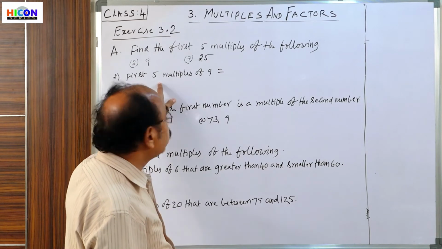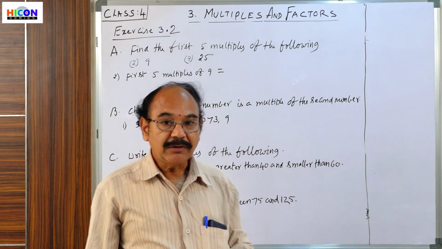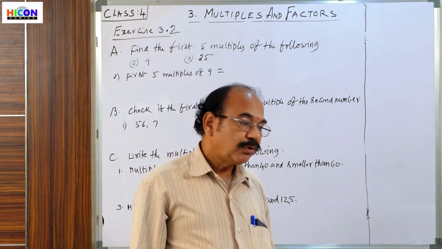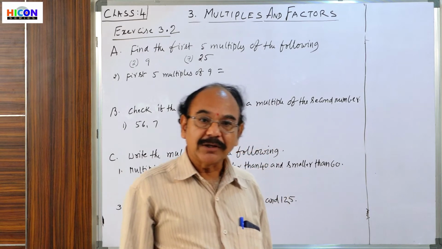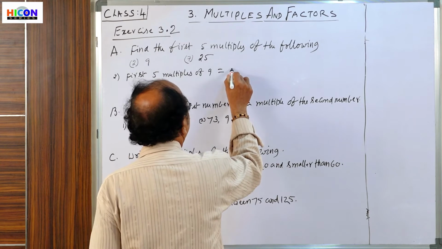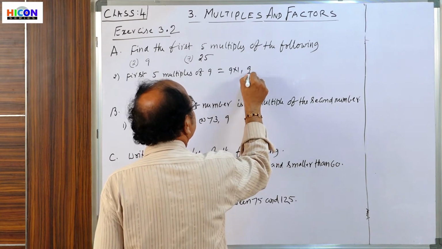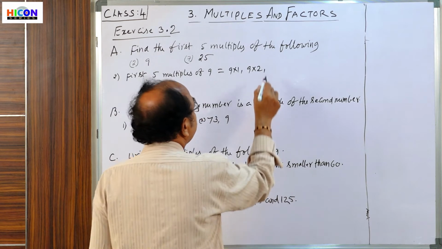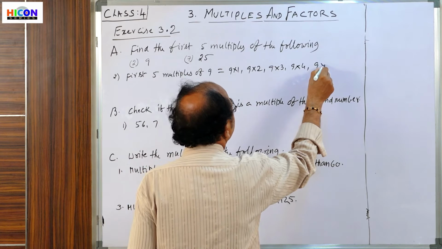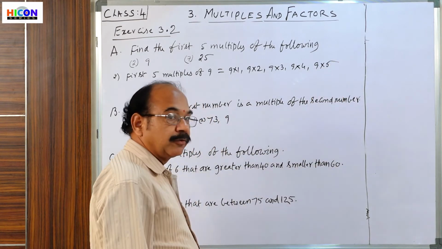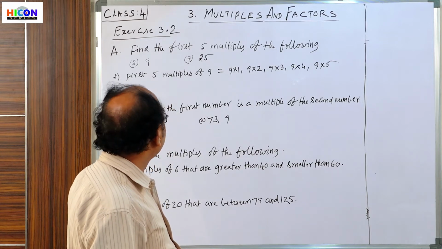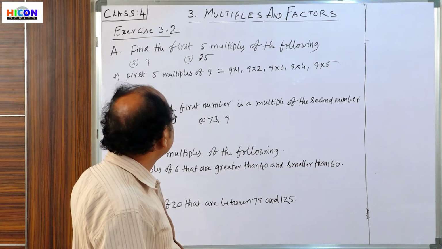You want only 5 multiples, so you multiply with 1, 2, 3, 4 and 5 only. So 9 is multiplied with 1, 2, 3, 4, 5.